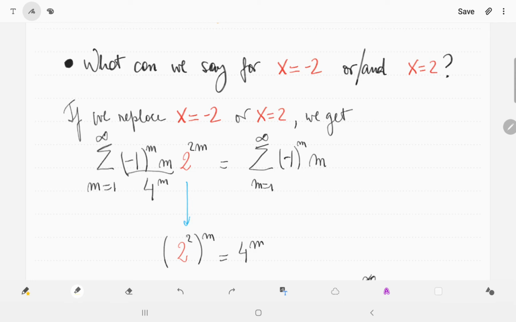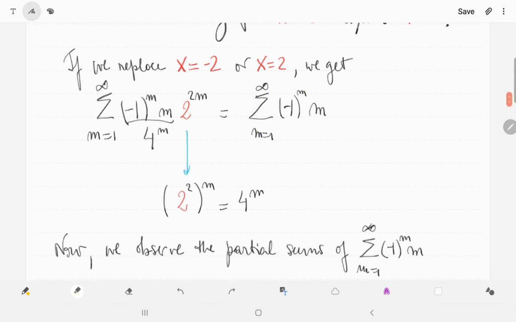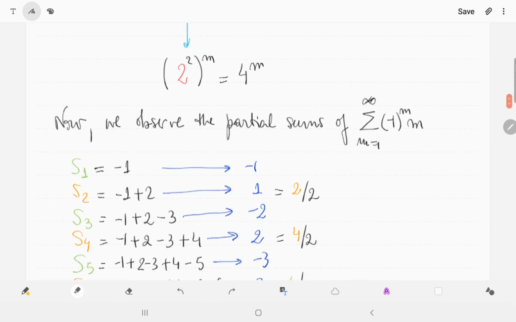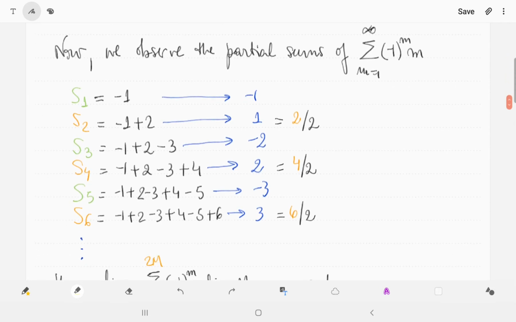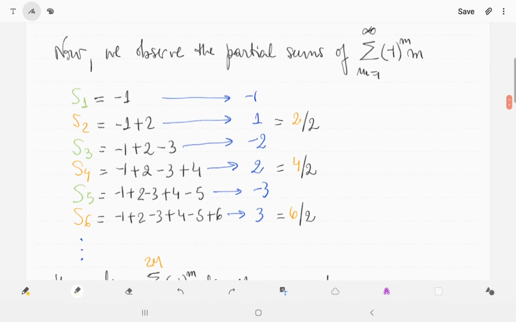Remember that a series is the limit of its partial sums. So we can say, I have no idea if this series converges or not, but I can take a look at its partial sums to have an idea of what's going on.